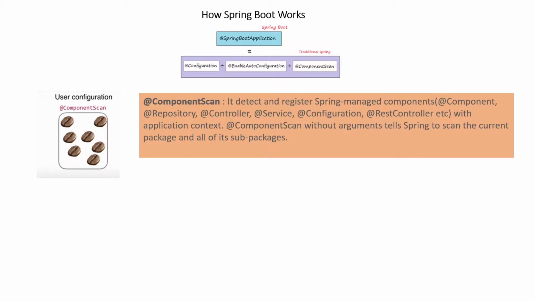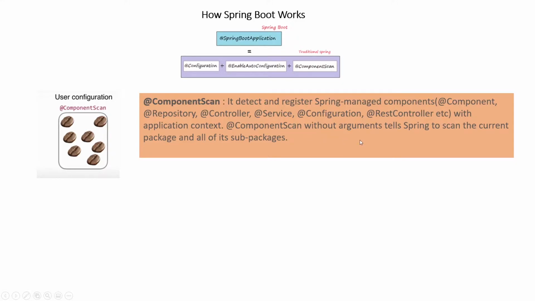In this step, Spring will basically scan all the classes that are marked with any of these annotations, say @Component, @Repository, @Controller, @Service, @Configuration, @RestController, etc. Spring will scan all the classes having these annotations, and whatever classes it finds, it will register in the application context by creating the bean.